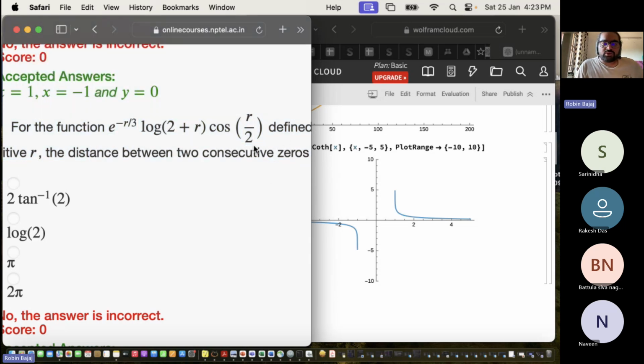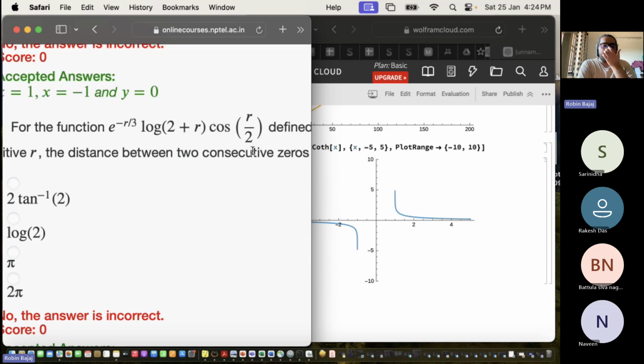The answer is no, because it's a continuous function, this whole thing, right? It has to die down with this exponential. So the only thing which would make it cross 0, and this will never go to 0, okay? It will on the negative side. But if you see this cos x by 2, cos x by 2 is something which intersects the x-axis.